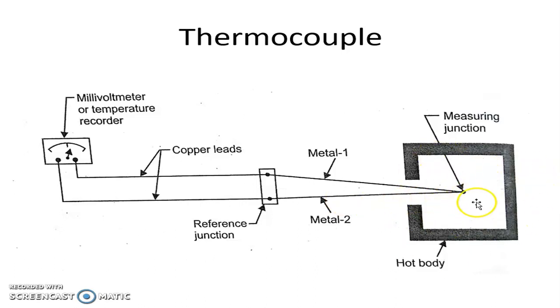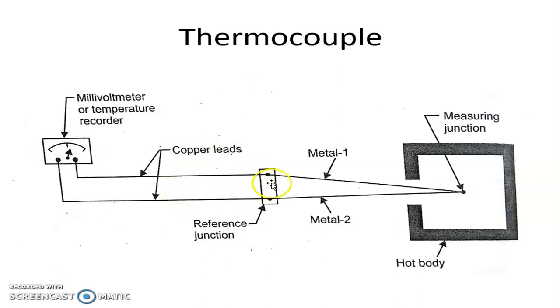So this is the hot body, the temperature of which is to be measured. At the other end, they are connected to a reference junction. And this arrangement is connected to a temperature recorder or millivoltmeter through copper leads.